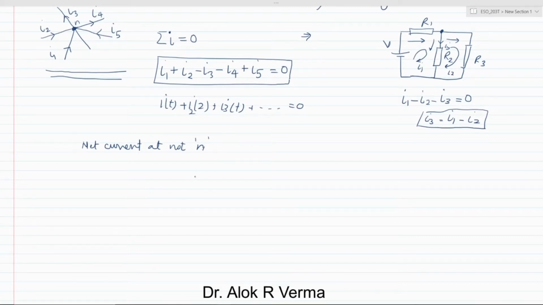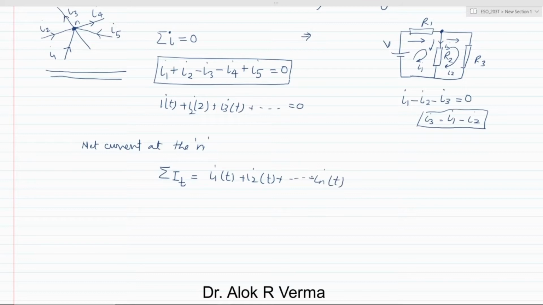The algebraic sum of the currents at node n, sigma I of t total, is nothing but I1(t) plus I2(t) plus up to In(t).